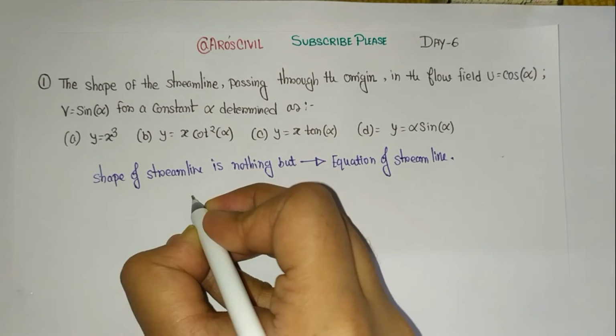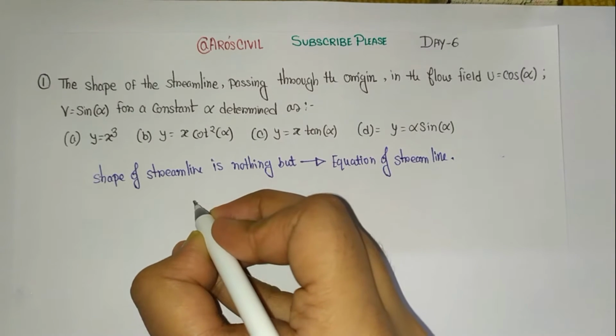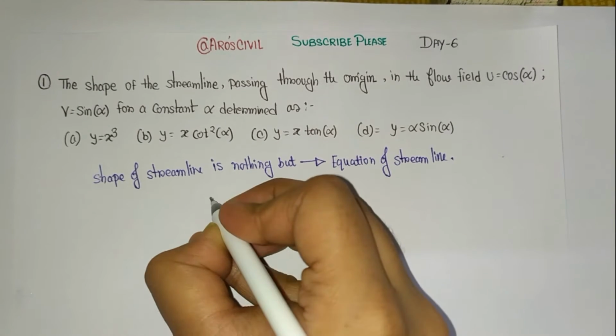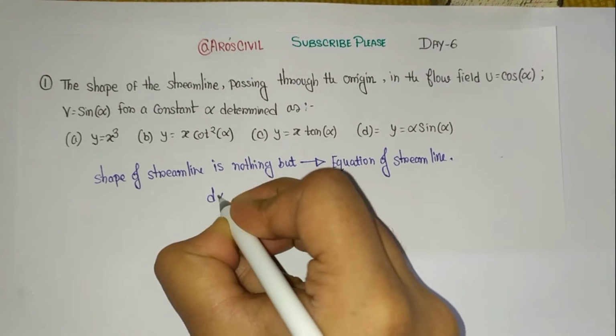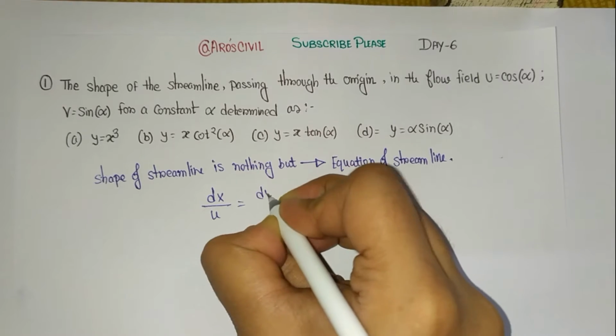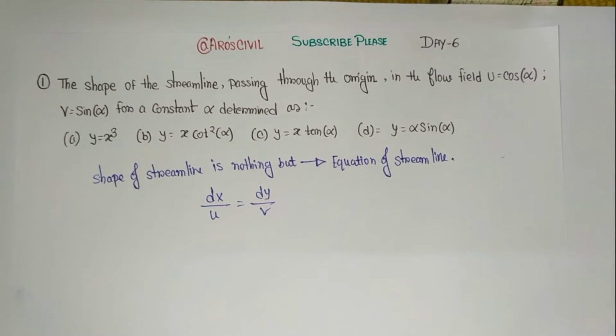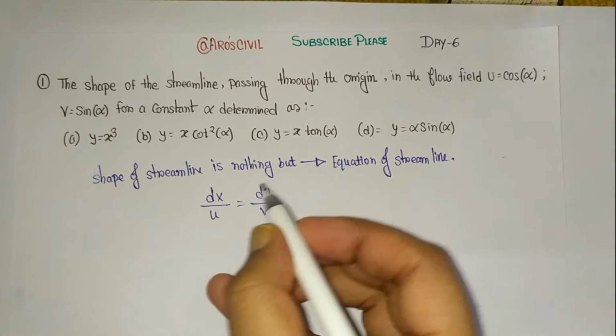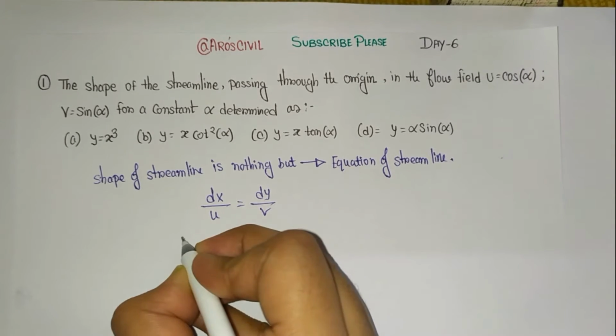So what is the equation for the streamline? We can write dx by u equal to dy by v. We know this formula from the equation of the streamline.